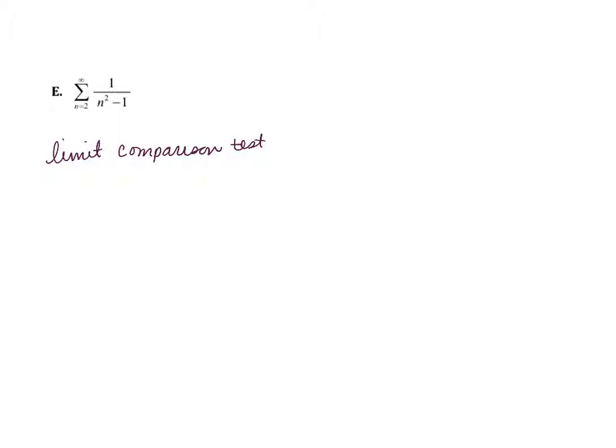And so if I start listing out terms here, I'm going to have 1 plus, and if I plug in 3, I'm going to have 1 over 8 plus 1 over, and if I plug in 4, I'm going to get 1 over 15. So we see that those terms are positive. And so when I do the limit comparison test, I'm going to compare this to 1 over, wait for it, n squared.